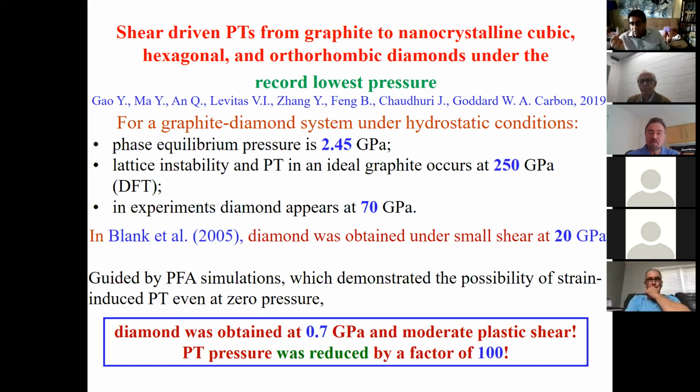Hexagonal diamond disappeared, but cubic diamond was quenchable. And it was identified not only by X-ray, but by TEM. So under these constraints, we could potentially do this even under high pressure torsion. I think so.